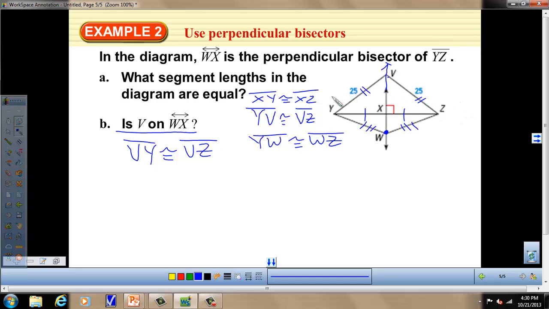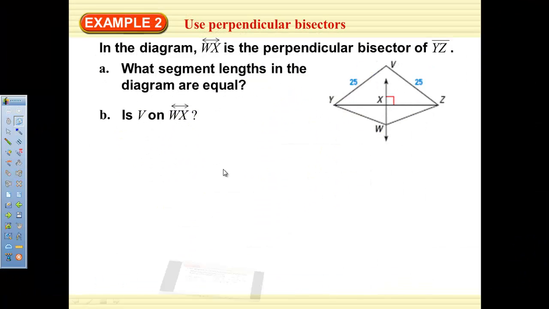The converse of the perpendicular bisector theorem tells us that if a point is equidistant from the two endpoints of a segment, then it lies on the perpendicular bisector. So the answer would be yes, because VY and VZ are equal.